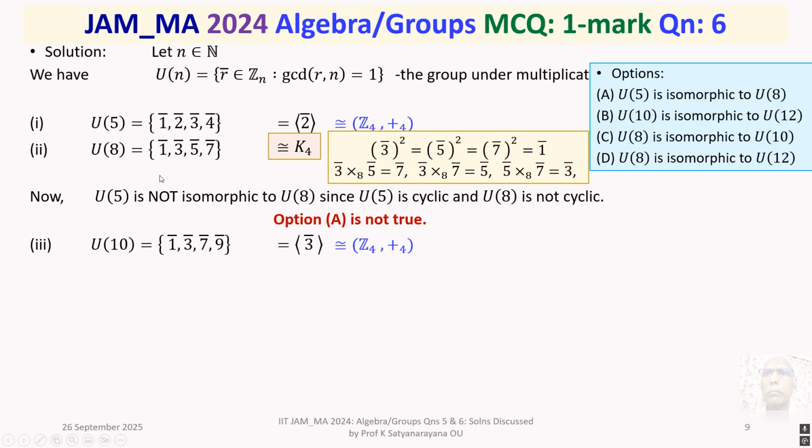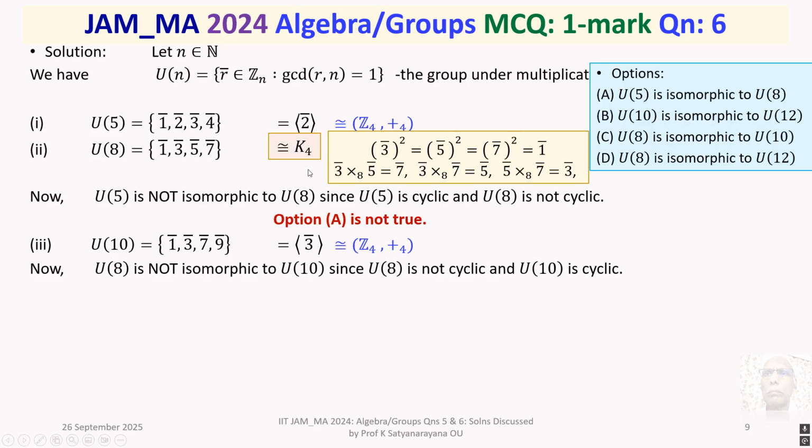So, can U8 be isomorphic to U10? No. U8 is not isomorphic to U10 because U8 is not cyclic, because it is Klein's 4 group. U10 is cyclic. So, option C is not true.